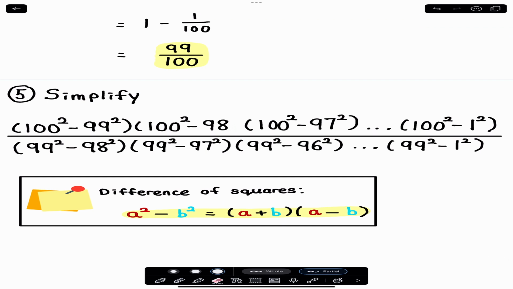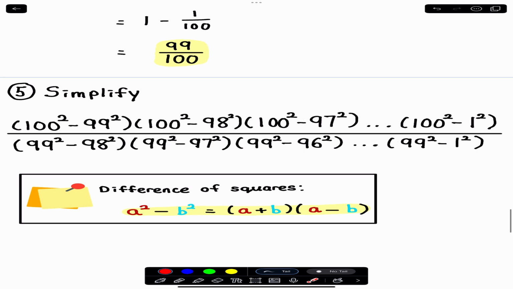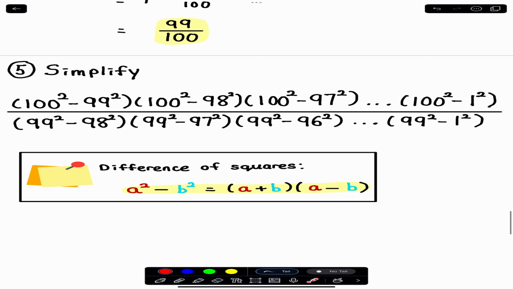It's very important that the square is not outside the bracket. It's like this. So the question document might be a little messed up, but this is what I mean. Times 100 squared minus 97 squared, and it just continues to 100 squared minus 1 squared.